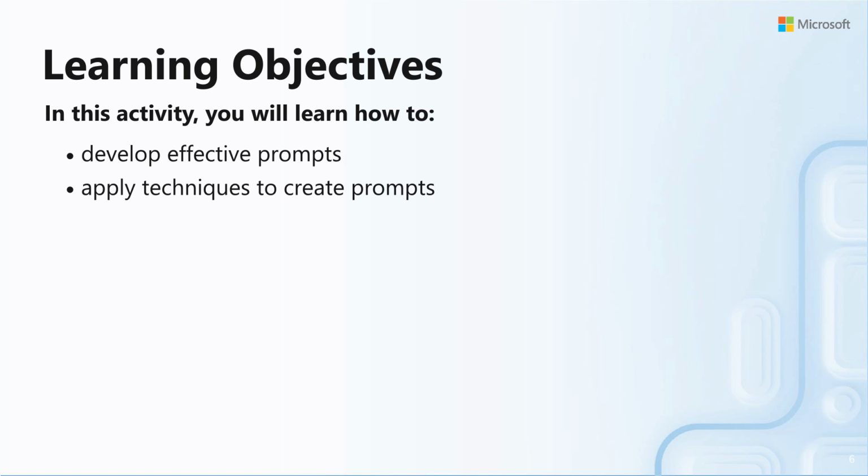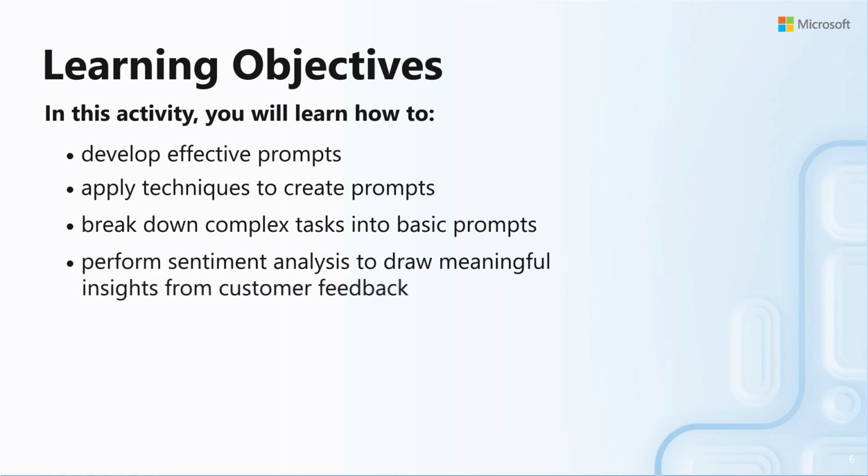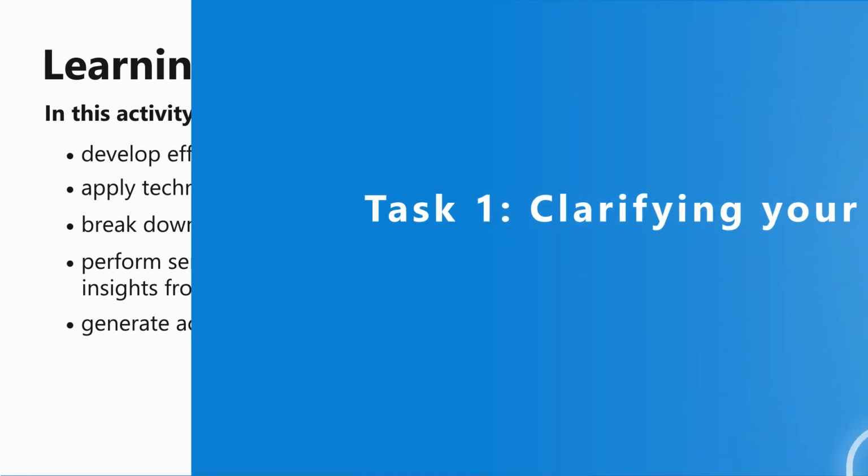Additionally, you'll discover techniques to break down complex tasks into simpler prompts, iterating and improving them for greater effectiveness. You will also perform sentiment analysis to extract meaningful insights from customer feedback and generate actionable recommendations based on the data, leveraging Copilot's responses to enhance your decision-making process.